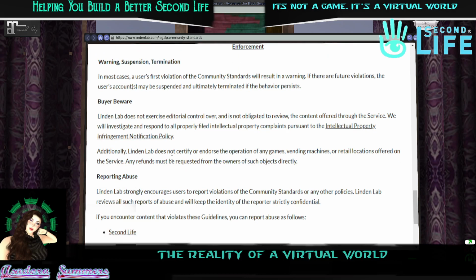Additionally, Linden Lab does not certify or endorse the operation of any games, vending machines, or retail locations offered on the service. Any refunds must be requested from the owners of such objects directly.